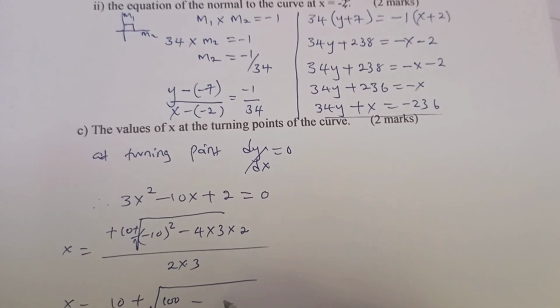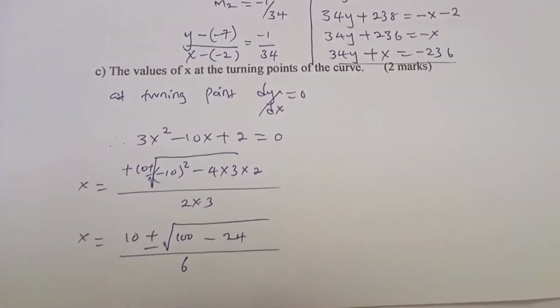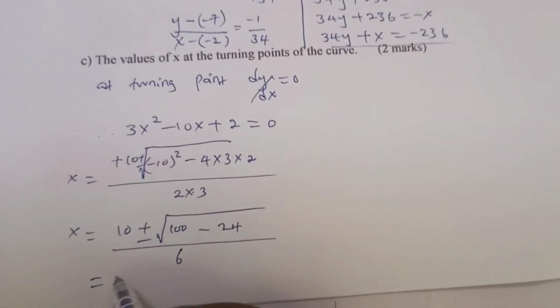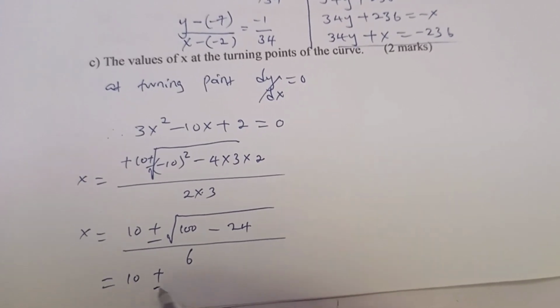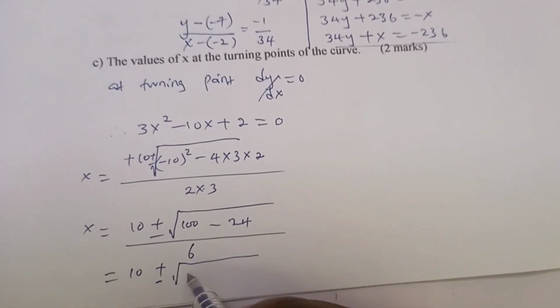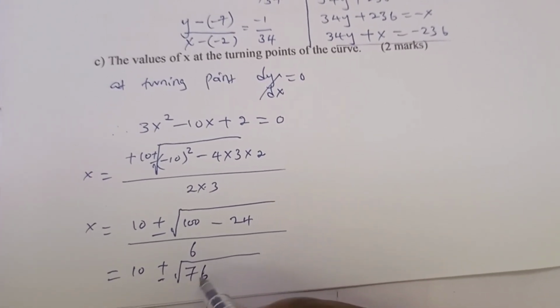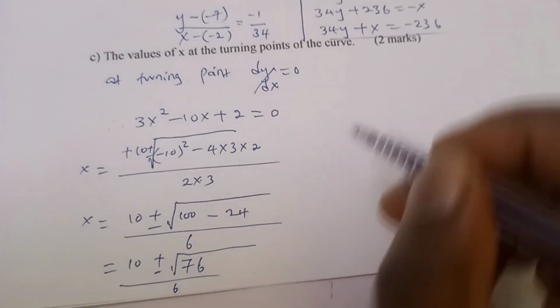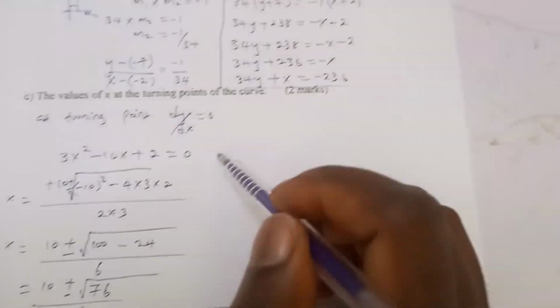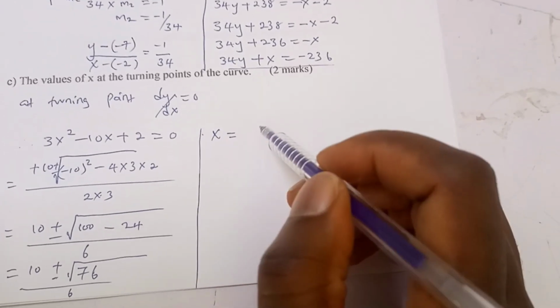So this is 100 minus 4 times 3 times 2, 100 minus 24, then 10 plus or minus the square root of 76 divided by 6. So we get the two answers, one which is positive, the other which is negative.